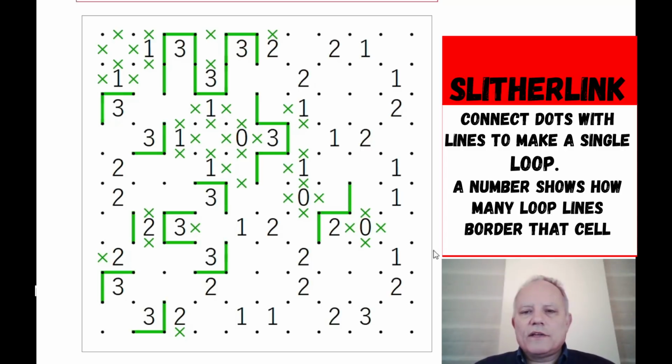Now, okay, this is an interesting point. We've got a 1 here, and we know that these 2 lines around the 0 are not possible. So therefore, we can block out both of these possible lines. And the reason for that is because if they went into this dot next to the 0, they'd have to come out as well. That would create 2 around the 1 rather than just 1.